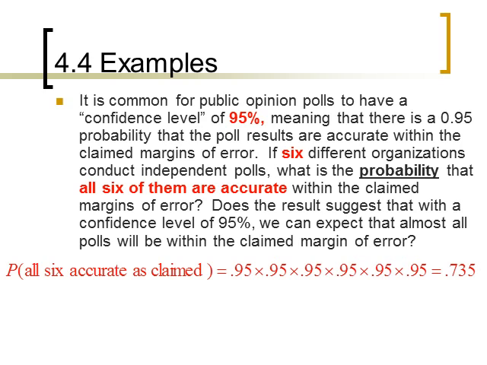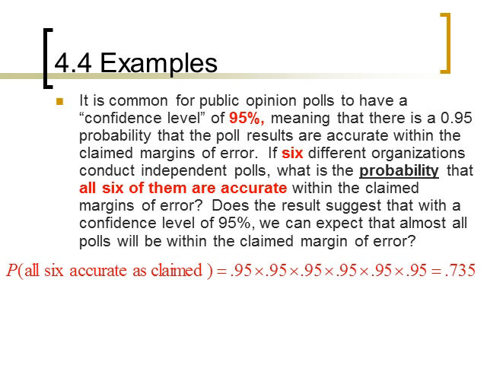Now, they tell us that the probability that the individual polling place is accurate is 95%. And that doesn't change for any of the other polling places. So I have the number 0.95 multiplied by itself 6 times. So you can type this in 6 times in your calculator and you'll get the answer of 0.735.